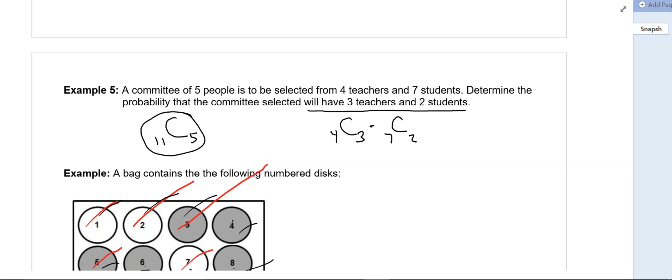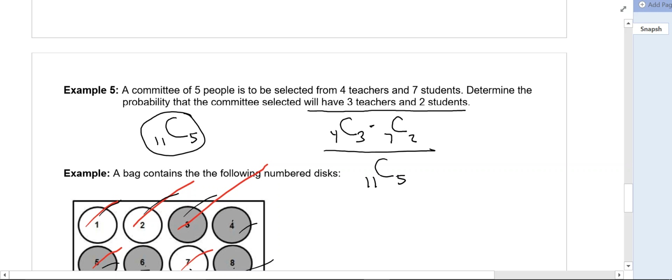You're on the committee, you're on the committee, you're on the committee. So, the numerator is simply the number of ways we can pick 3 teachers from 4 times the number of ways we can pick 2 students from 7, and then we divide that by the number of ways we can just pick 5 people in general from 11.